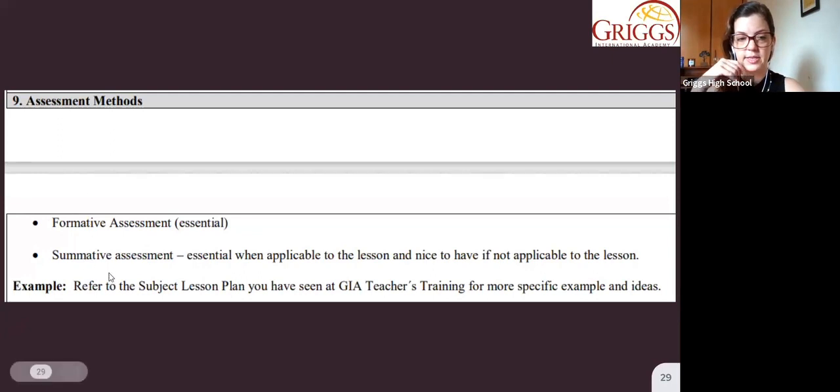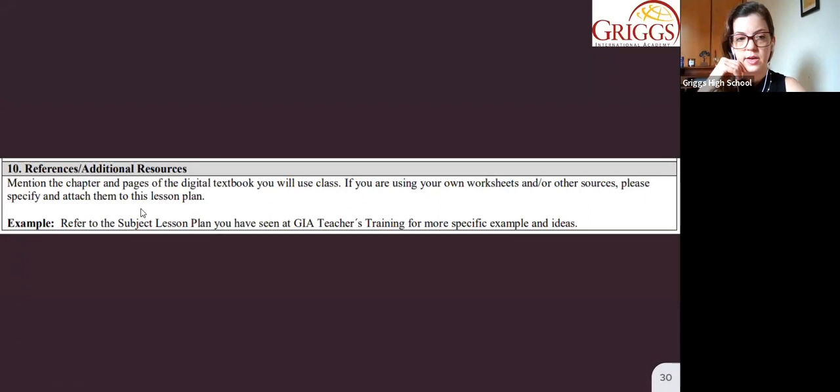You're just going to write the type of assessment. And if you have any references or additional resources that you use to prepare the class, you're going to include this here.